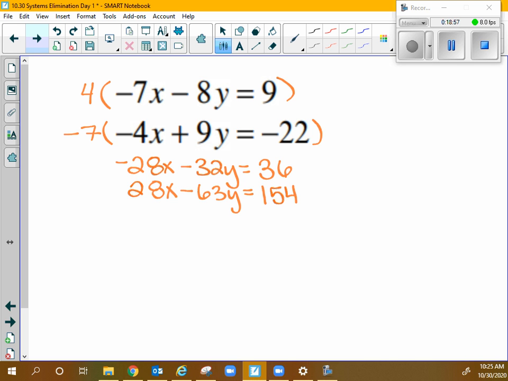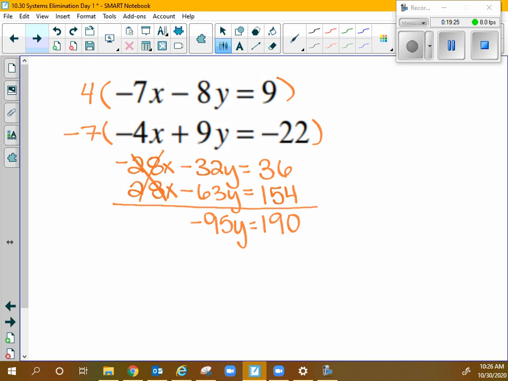Okay, so now this is one of those cases I can still eliminate, but there wasn't just a simple change here. I had to multiply both. So now I'm going to eliminate x. -32 and -63, -95y, 36 and 154, 190.